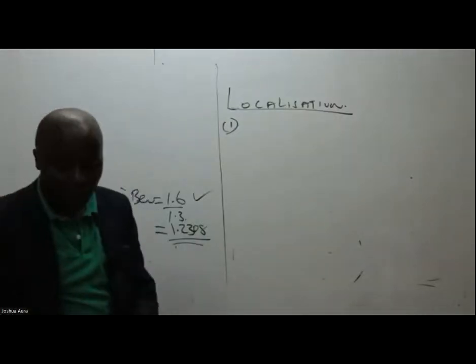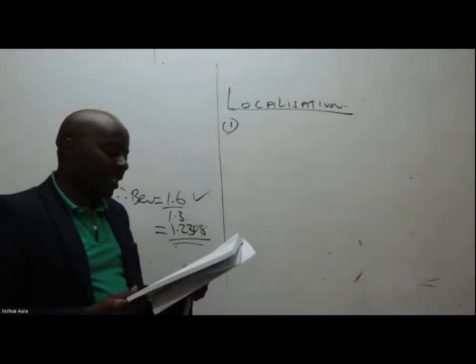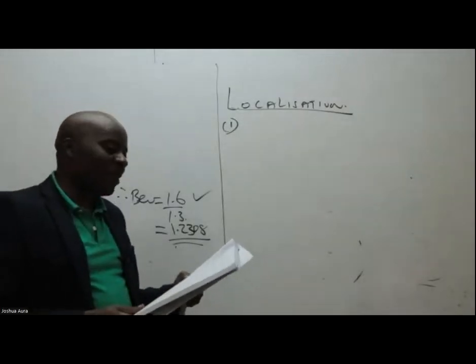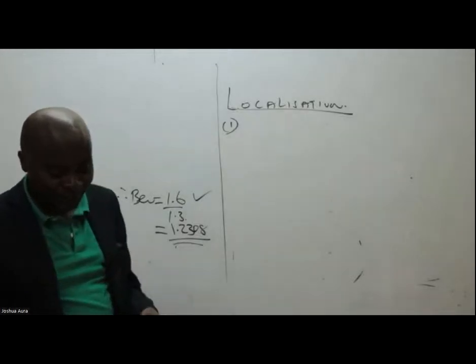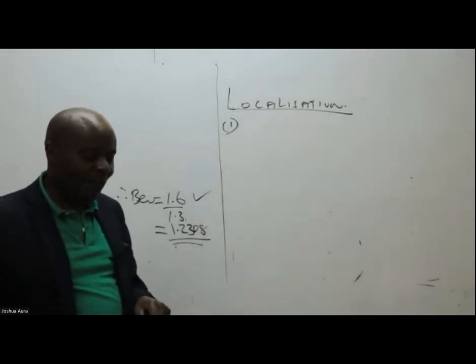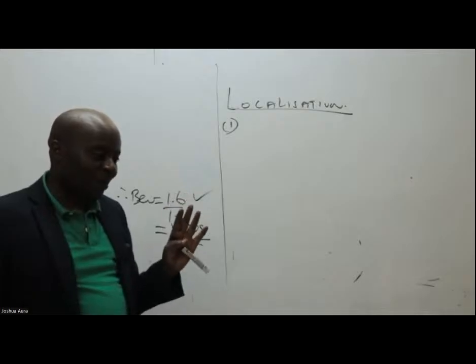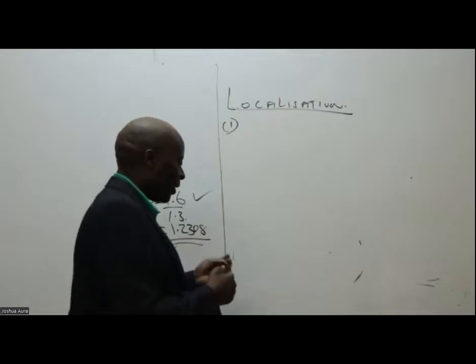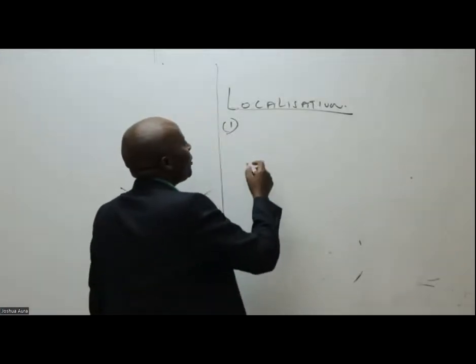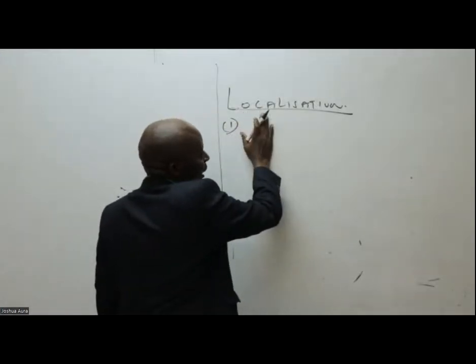So I've got 3 scenarios there, 30% debt and 70% equity. I would have wanted to avoid this step, but let's just be procedural. So localization is normally done using Hamada's model.